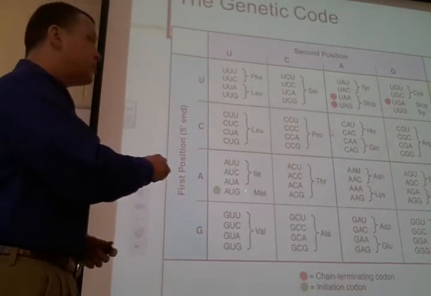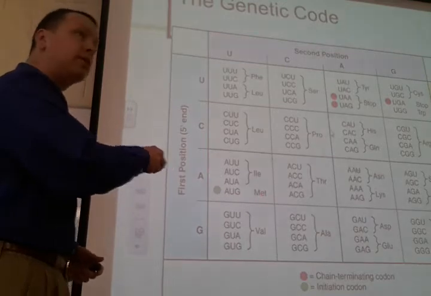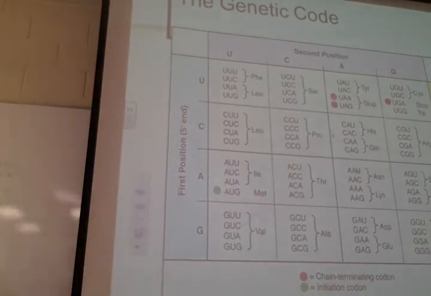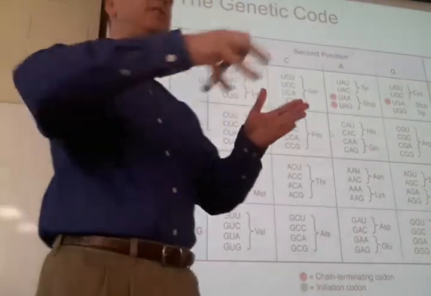It not only is start, it also codes for methionine. So what does that suggest about all proteins? They all start with it. Yeah, all proteins must start with the amino acid methionine, which is true, at least initially as they're being made.